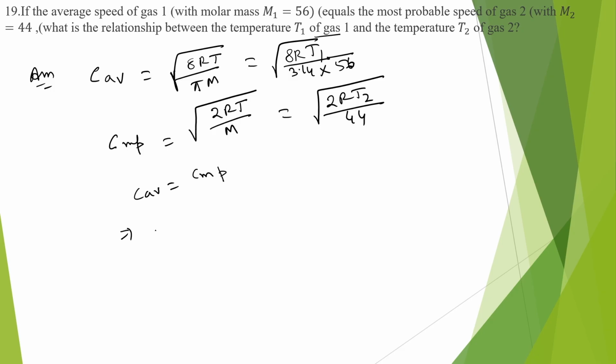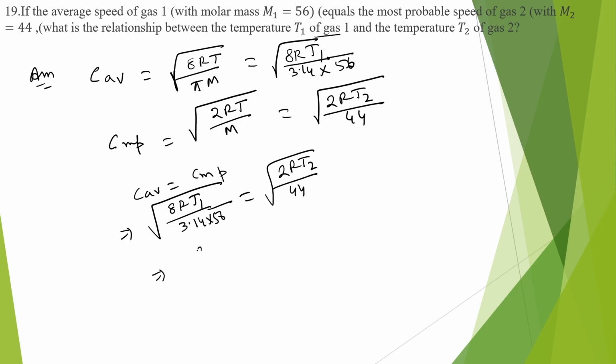Putting in the values, root over 8 R T1 by 3.14 times 56 equals root over 2 R T2 by 44, so 8 R T1 by 3.14 times 56 is 2 R T2 by 44.